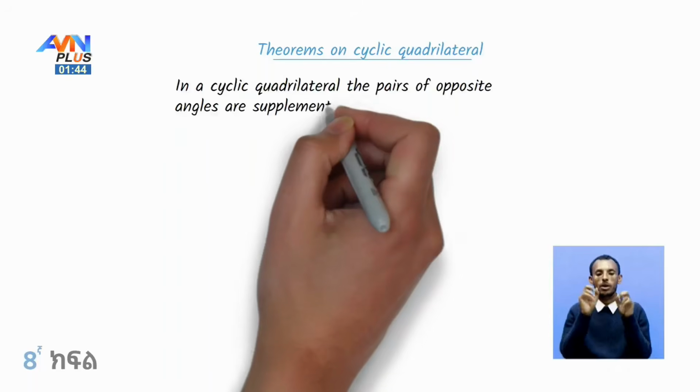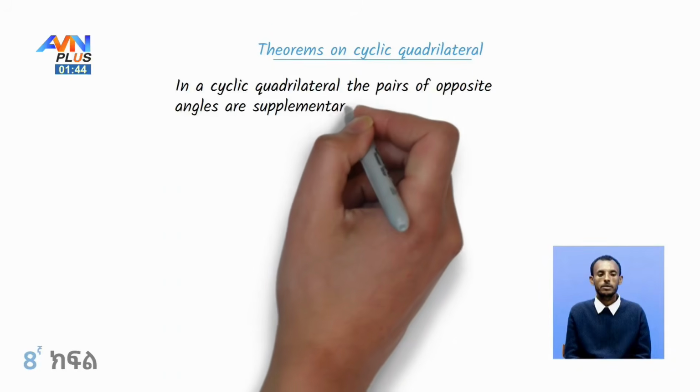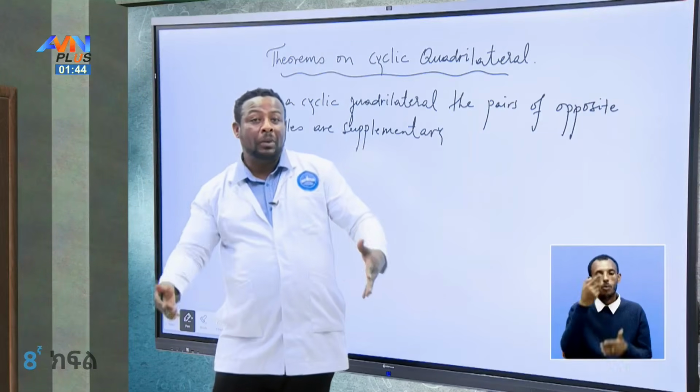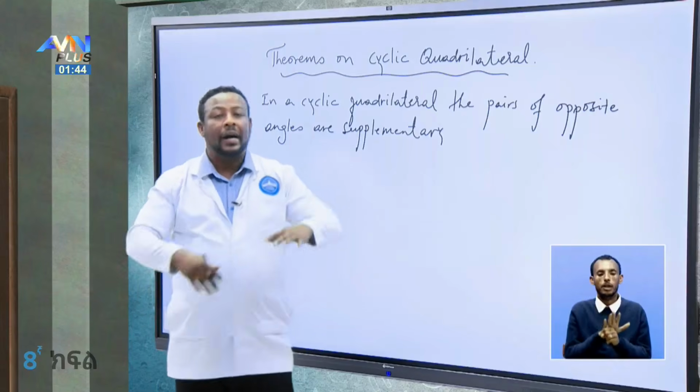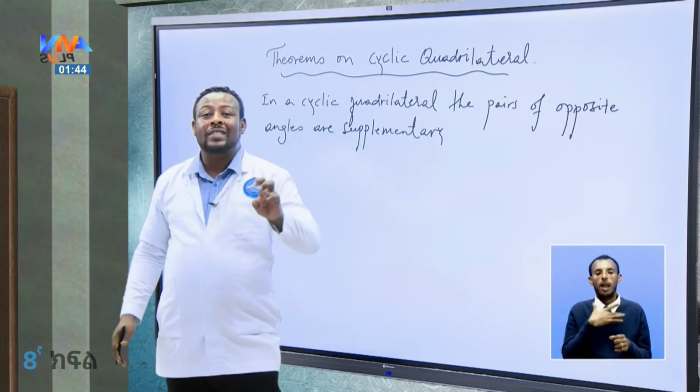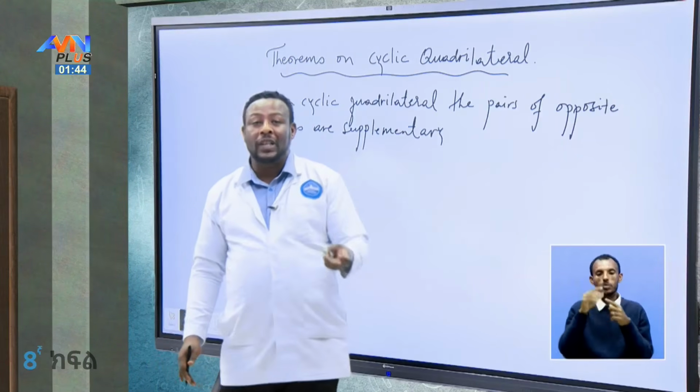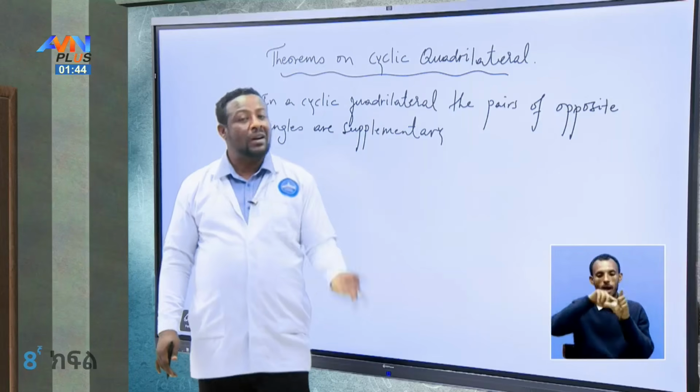You know what we mean by supplementary, complementary, and the like. Two angles are said to be supplementary if the sum of their angles is 180 degrees.